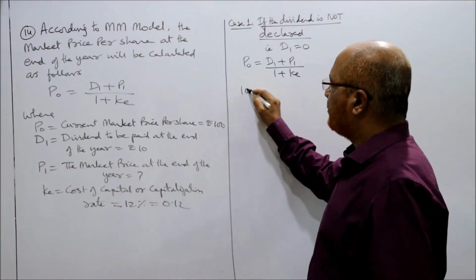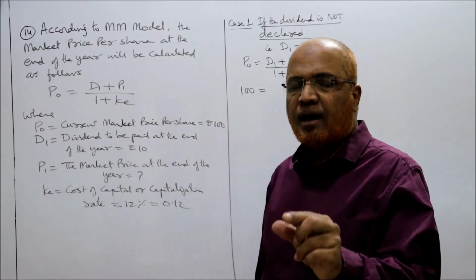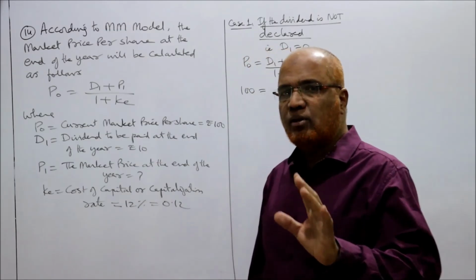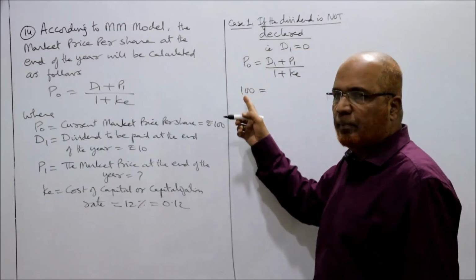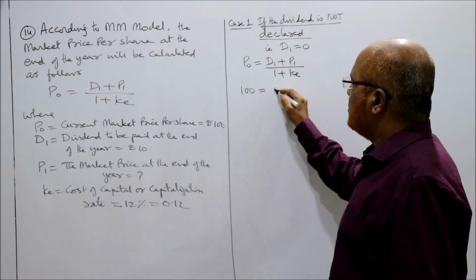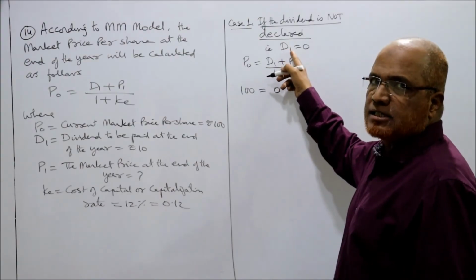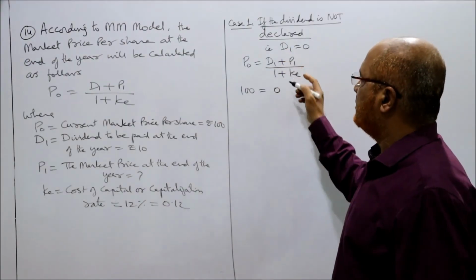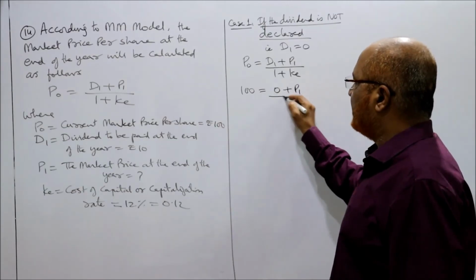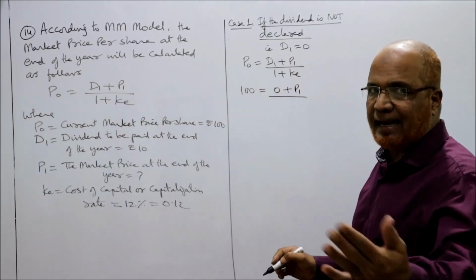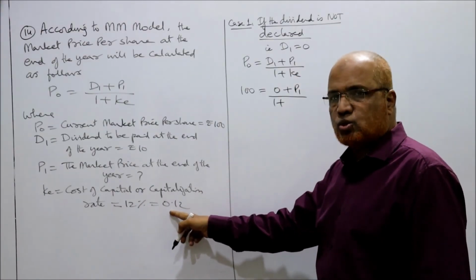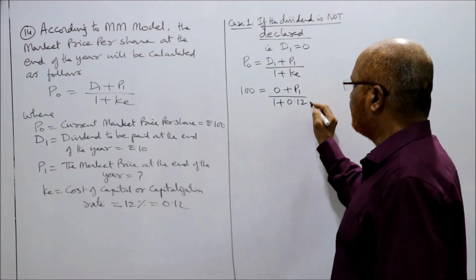At present, what is the market price? Given in the problem, currently the shares are quoted at par in the market. Par value means face value. A 100 rupee share is selling at 100 rupees in the market. D1 is 0. It is asking you to calculate the value of the share at the end of the year when no dividend is declared. Plus P1, price of share at the end of the year, we have to find out. 1 plus KE, cost of capital is 12%, 0.12.